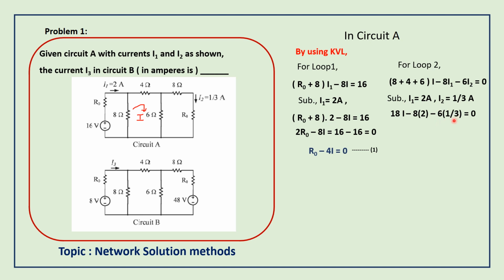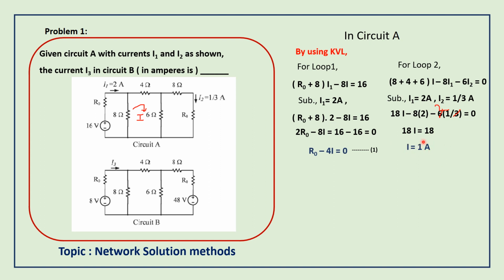Here 6 and 1 by 3 get cancelled and it becomes 2. So the equation will become 18I equals 18. From this we find I equals 18 by 18, which is equal to 1 amp. So we have found I equals 1 amp.